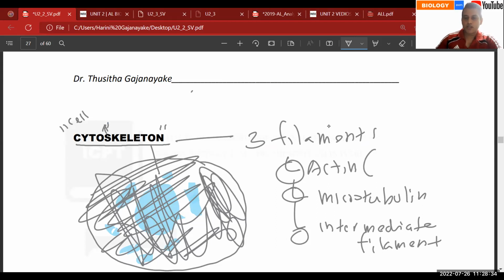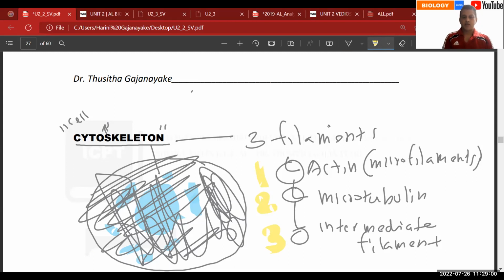Actin is also called microfilaments. So three filaments make this cytoskeleton: 1, 2, 3.